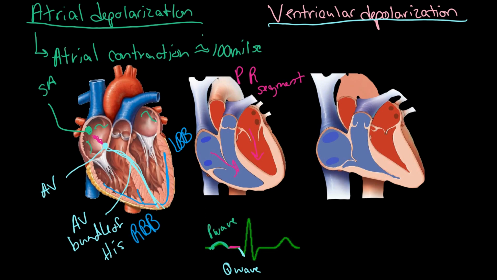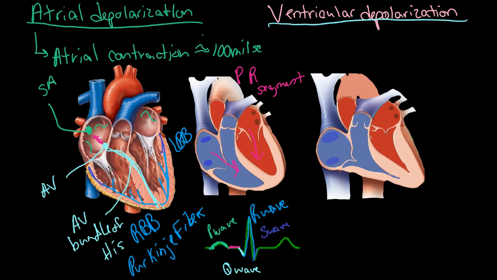And from there it goes into these little fibers, and those fibers are called Purkinje fibers. And that is what causes the R wave. And then last but not least, you have the completion of the ventricular depolarization, which is the S wave.